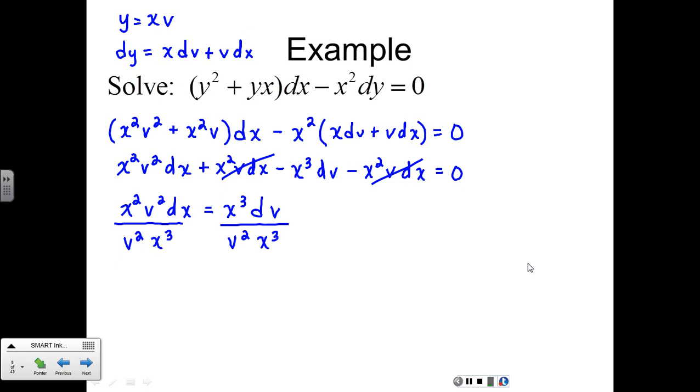So crossing stuff out, leaves me 1 over x there. On this side, the x cubes go, and I've just got the 1 over v squared dv. No big deal. So that's going to leave me 1 over x dx equal to 1 over v squared, which is the same thing as what? V to the negative 2. Good.